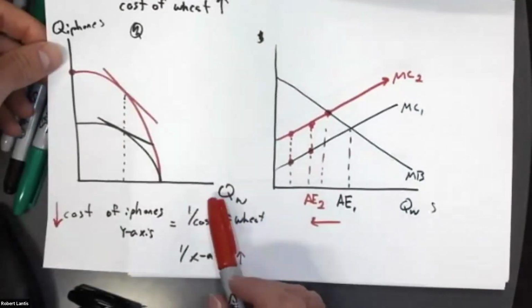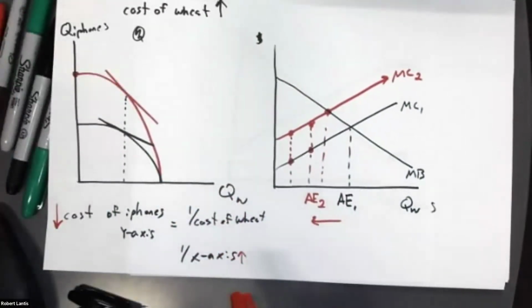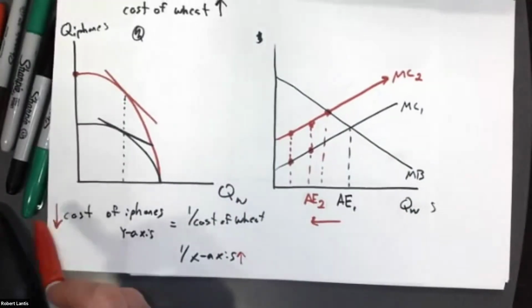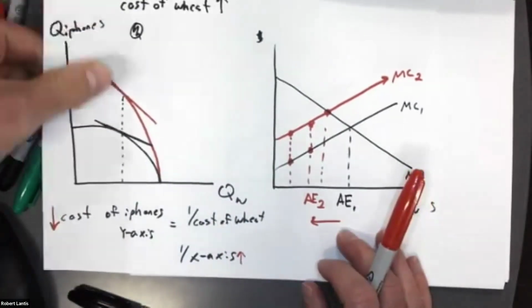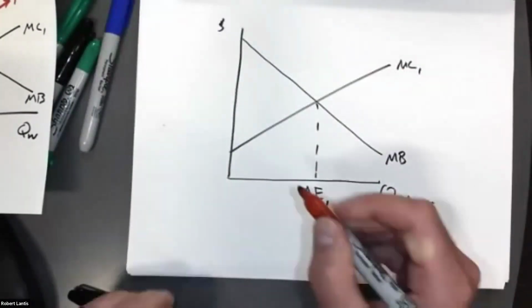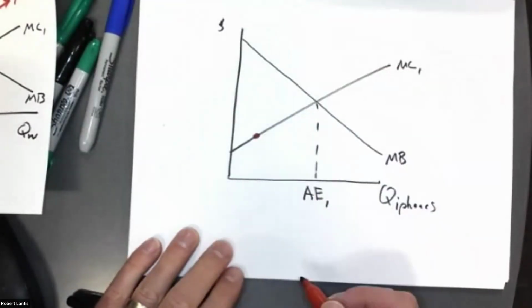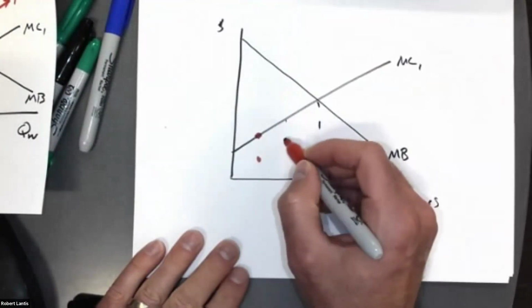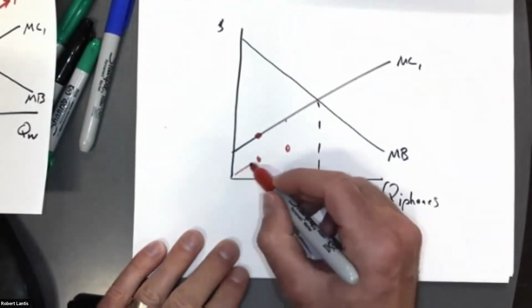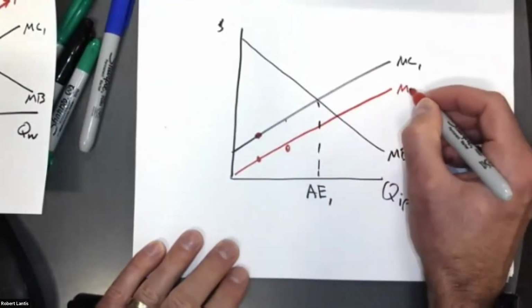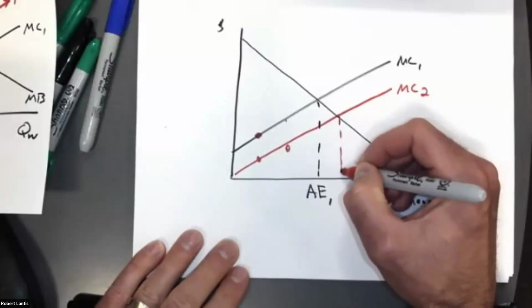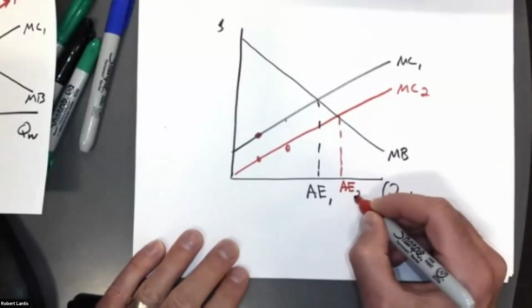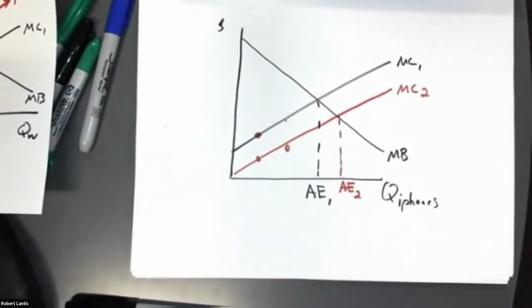Well, we said if the cost of the x-axis good is going up, what was happening to the cost of the y-axis good? It was actually going down. So after this technology change, at every quantity of iPhones, my marginal cost is actually lower than it was before. So with this technology change, the allocative efficient quantity would actually be a little bit higher.